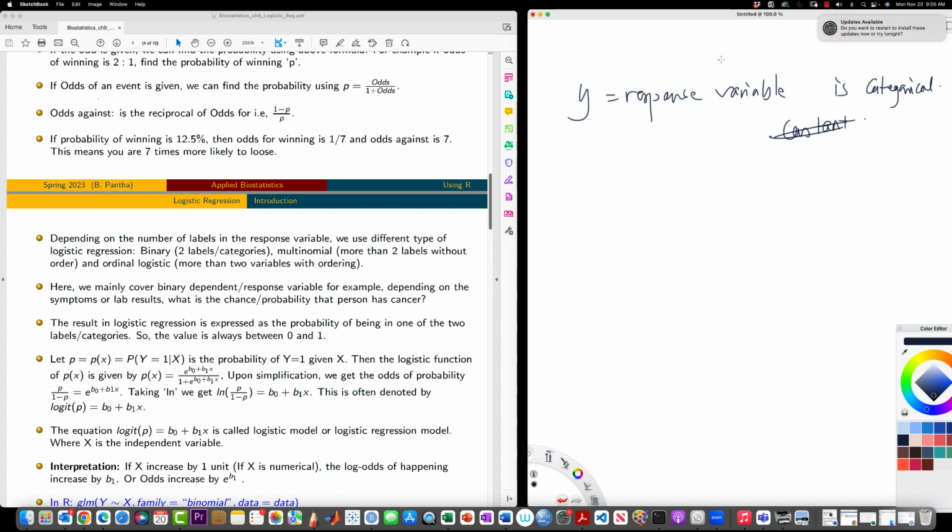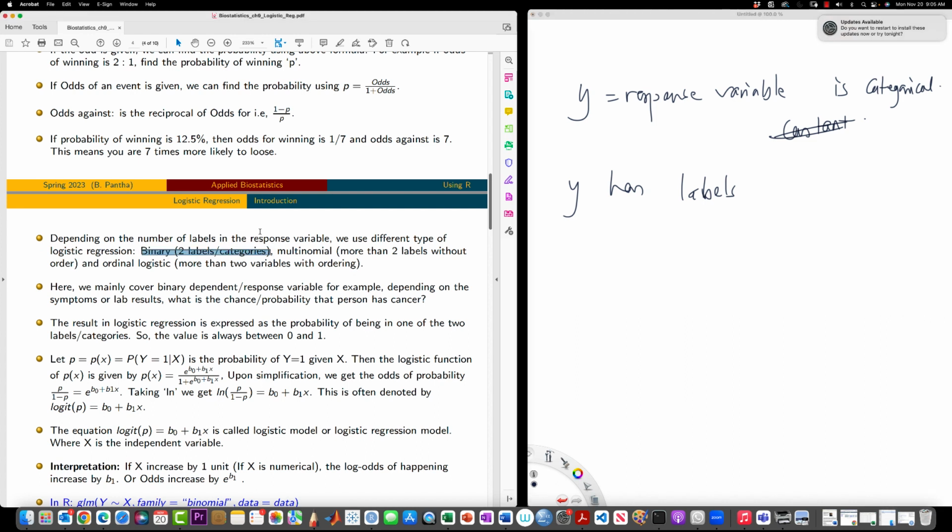Since it is a categorical variable, it may have 2 levels or 3 levels or 4 levels. So Y has levels like male, female, or yes, no, or success, failure, those kinds of levels. If Y has just 2 levels, it is called binary.